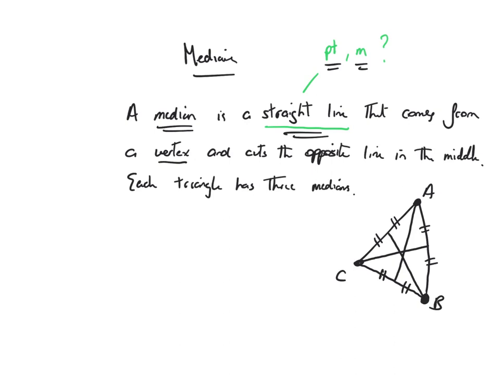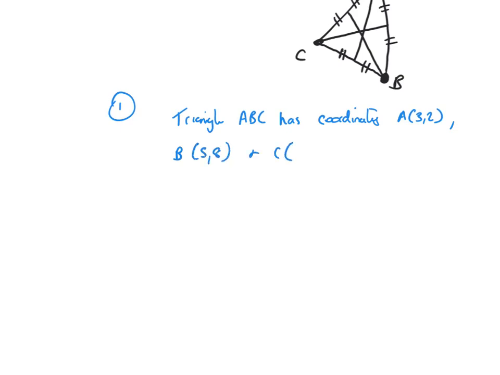So let's try some examples, but let's first of all go over it again. It's a straight line that comes from a vertex, a corner, and it cuts the opposite line in the middle. Each triangle has 3 medians. Let's try example 1 to get going. Example 1: triangle ABC has coordinates A(3,2), B(5,8) and C(11,2).